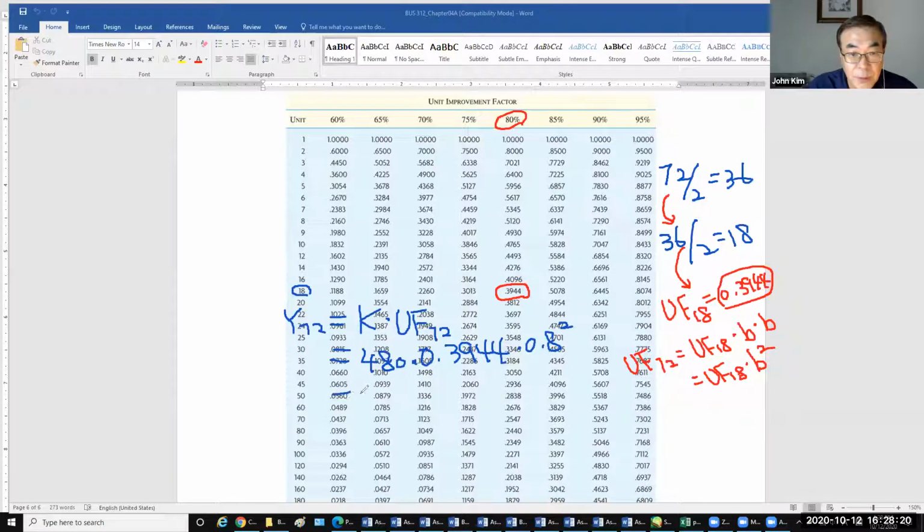So that will be 480 times 0.252416. So it will be 121.16, like this.